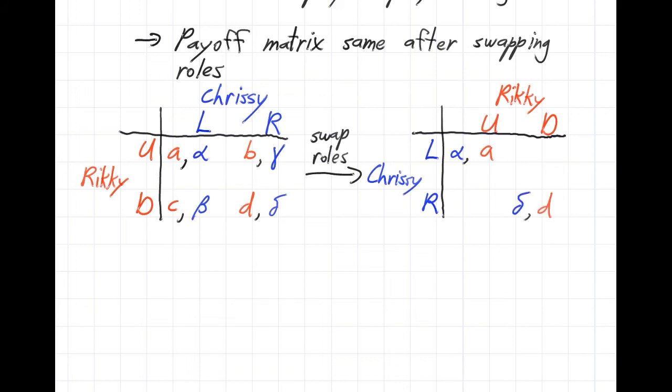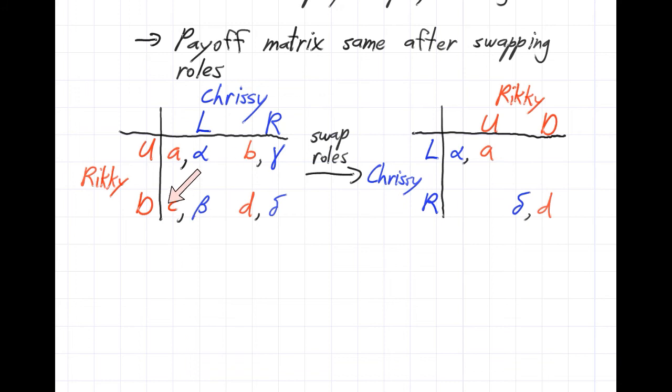The only place things get a little bit weird is the off-diagonal elements. If we want to see what goes in this box, we have to see what combination of strategies that outcome represents. And it's L and D. L and D in the original matrix is the bottom left box.